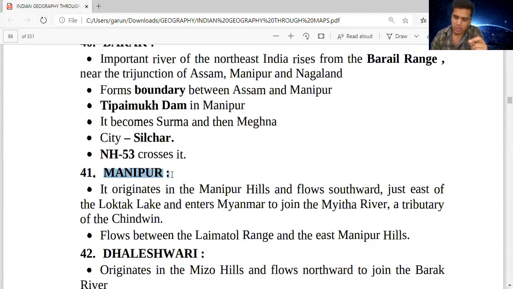We have done the Ganga river system, including Yamuna, Bhagirathi and all the rivers that originate from Uttarakhand, Uttar Pradesh and Bihar. In the north, we have done the Indus river system, which is in Jammu and Kashmir, Punjab and Himachal Pradesh.